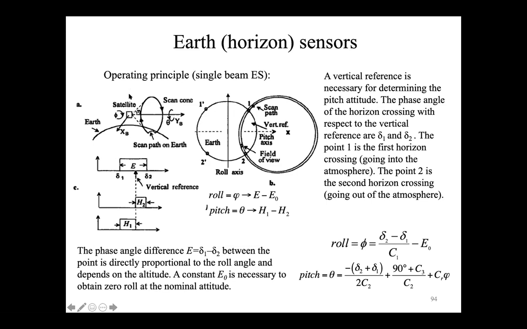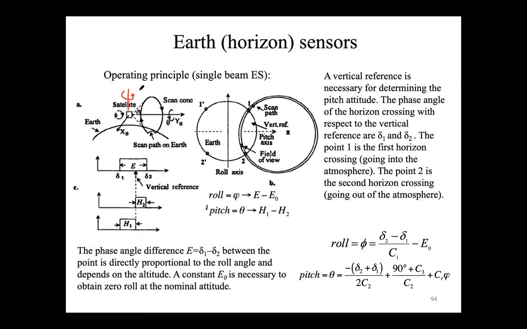So you need to have Earth horizon sensors in order to determine the attitude precisely in this direction and this direction. Of course, you're not able to provide any information on this orthogonal direction because you have an ambiguity that is related to the sensor itself.